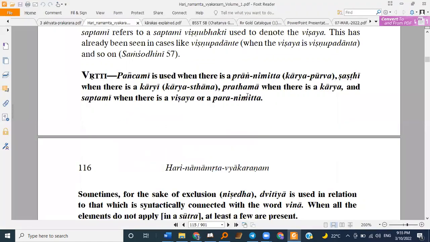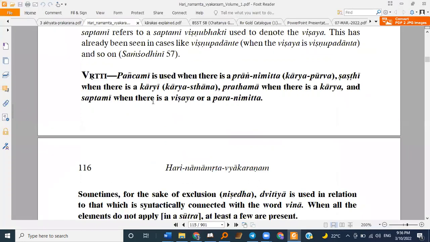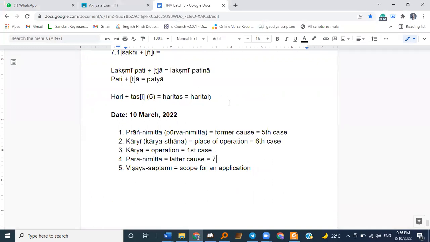Then Prathama Vibhakti is used for Karya. So the first case is used for the operation itself, the Karya. And Saptami, the seventh case, is used for Paranimitta and also for Vishaya Saptami.